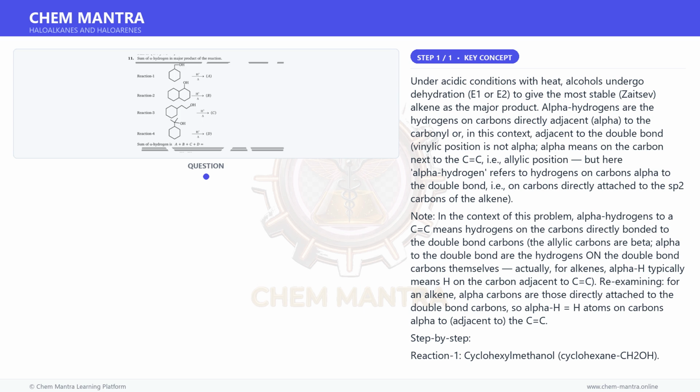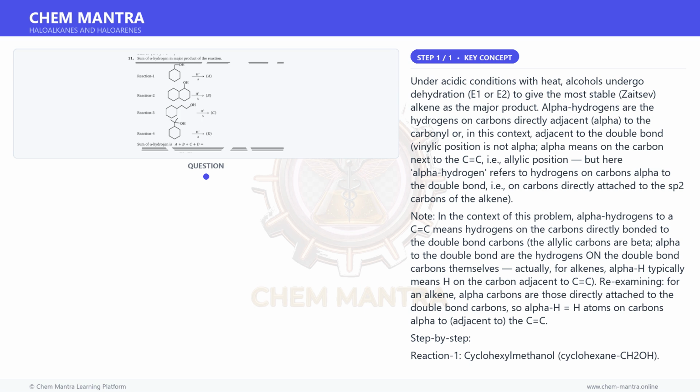Let me try a completely different interpretation. Alpha H is equal to H on the carbons directly attached to C is equal to C, i.e., the alpha carbons themselves, counting all H on those carbons. With the answer being 32 and the 4 reactions, a likely breakdown is A is equal to 7, B is equal to 9, C is equal to 9, D is equal to 7 is equal to 32.